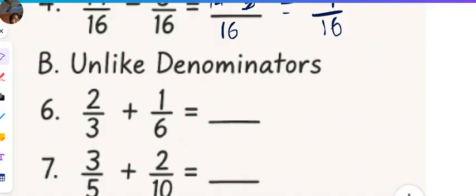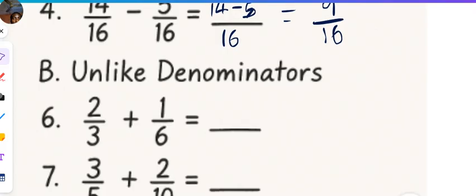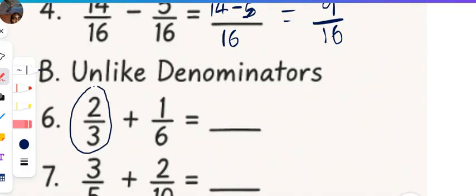So when their denominators are not the same, what do we do? The best way to solve this problem is to make the denominators the same. And how do we make these denominators the same? This is how we do it. You pick this first fraction, this whole fraction, and multiply it by the denominator of the second fraction.